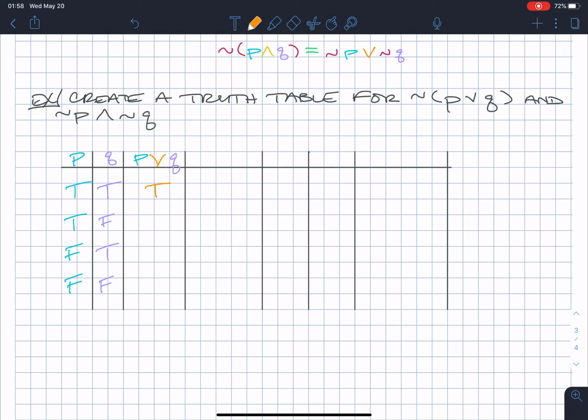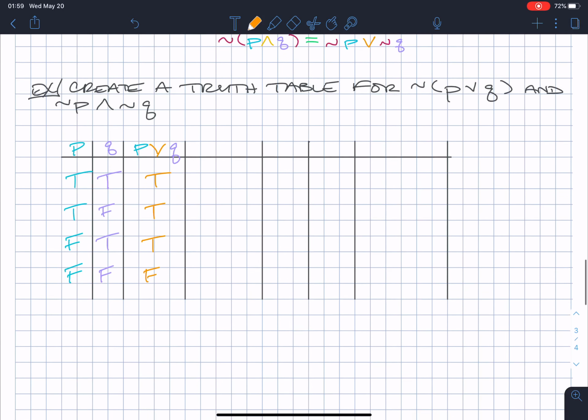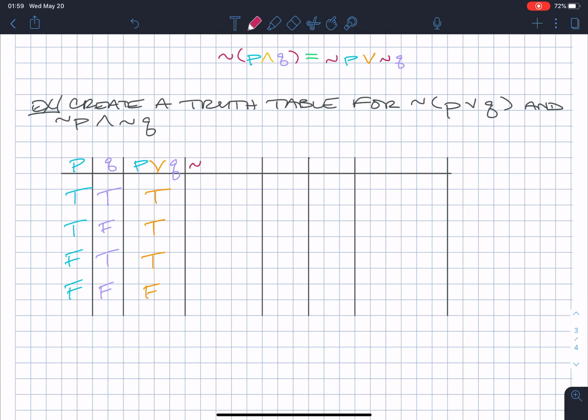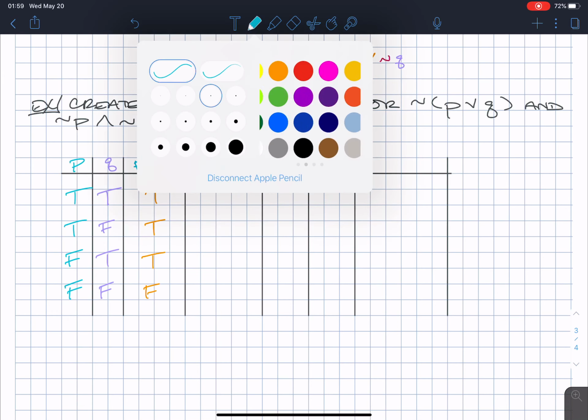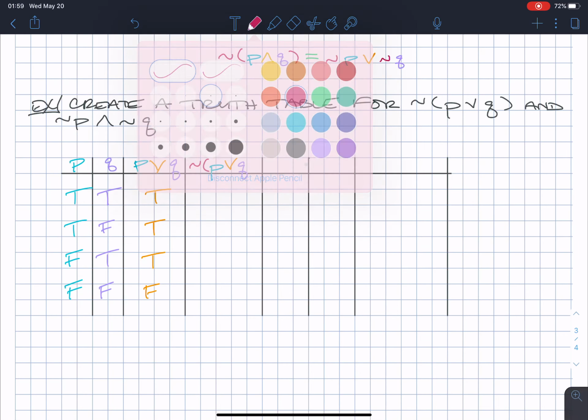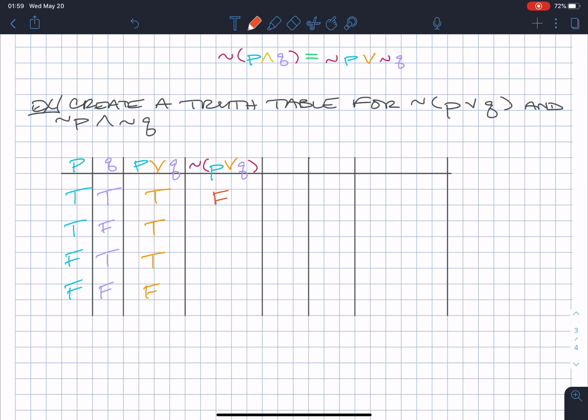So true, true, true. The only time neither is true is when they're both false. But now let's negate that. So the negation of P or Q. So what happens when I negate that? It now becomes false, false, false, and true. Okay.